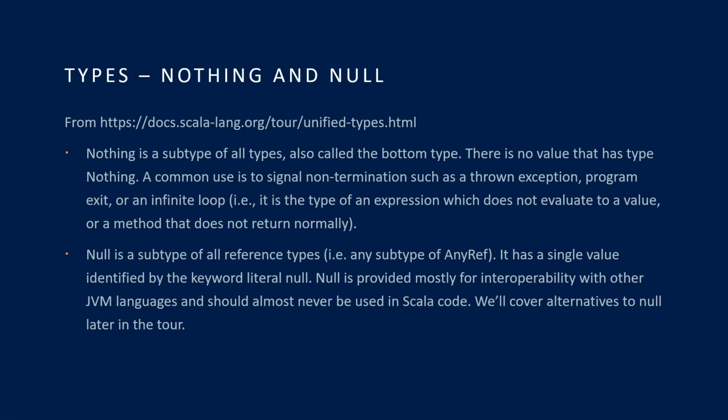Often you'll find that the main language that was first on the scene in the particular virtual environment had null, and as a consequence, because of interoperability reasons, it has to be there, but you just don't use it.